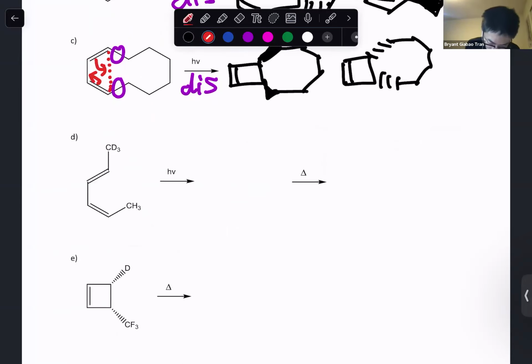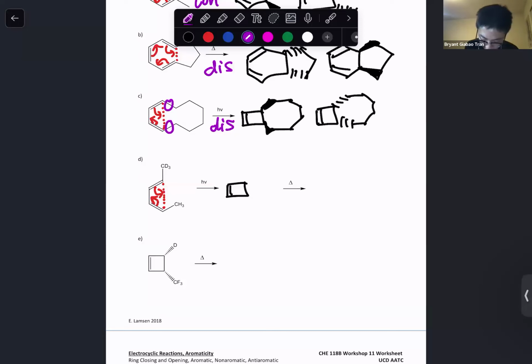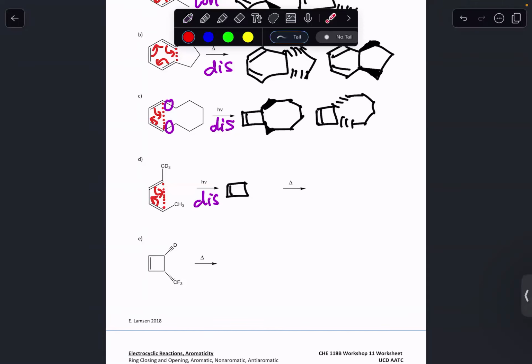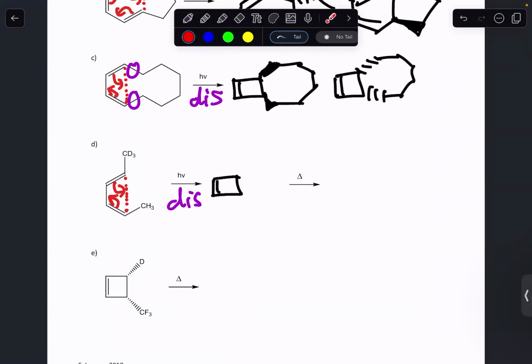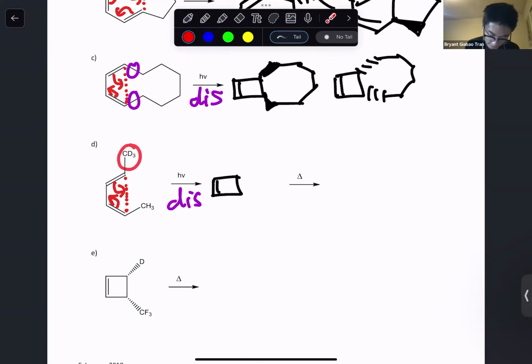In this case, we are still ring closing. We're still going to make that cyclobutene because 4 electrons are moving, an even pair, and this time we're reacting under light, which is still disrotatory. But now our thumbs will start like this because they are facing away from each other. This CD3 group is facing up that way, and this CH3 is facing up that way.